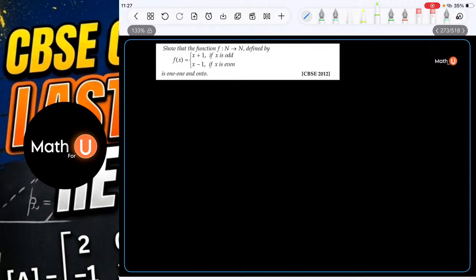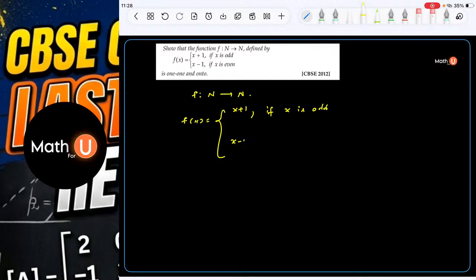Next, this type of question is very important. Show that the function f is a mapping from natural numbers to natural numbers, defined by f of x equal to x plus 1 if x is an odd number, x minus 1 if x is even.